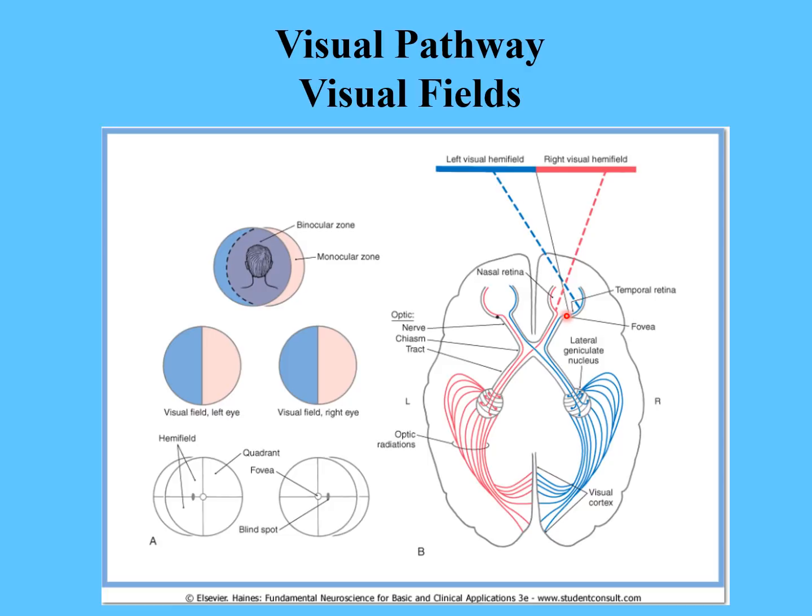Those fibers will travel through the optic nerve, through the chiasm, and they will then stay on the same side.